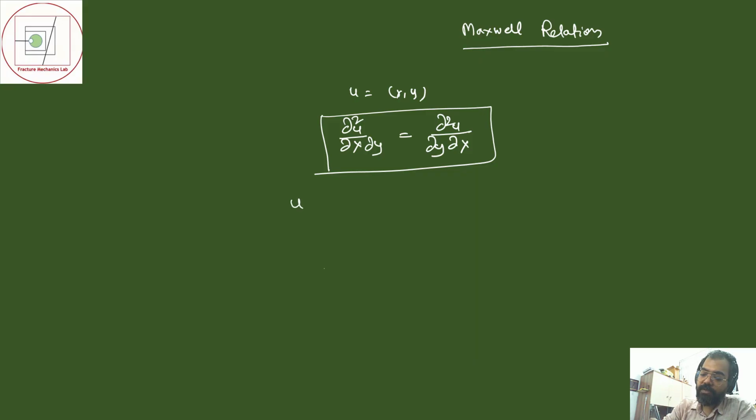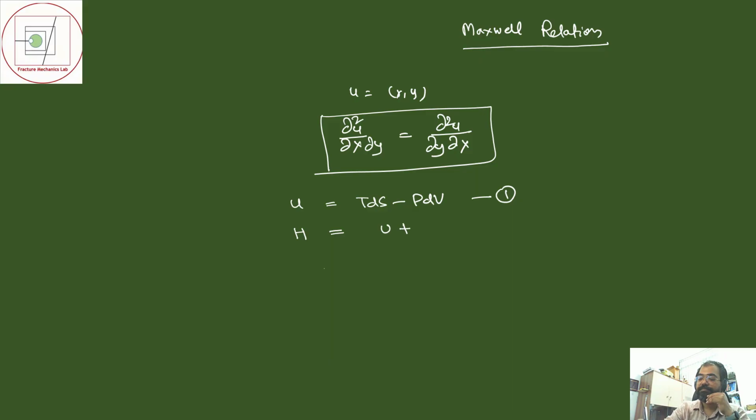The first one is internal energy, and internal energy you know is TdS minus PdV. This is one potential. What potential is, we discussed when we discussed conservative fields in our first lecture. The second potential is enthalpy, which is U plus PV.